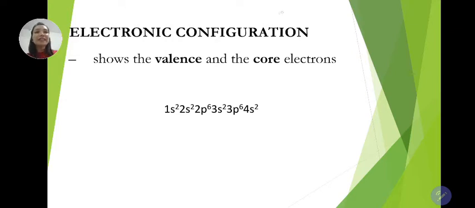So, this is an example of an electronic configuration. So, this shows the valence and the core electrons. Itong mga numerals na raised to the or superscripts, it represents number of electrons. Okay, so let's check.